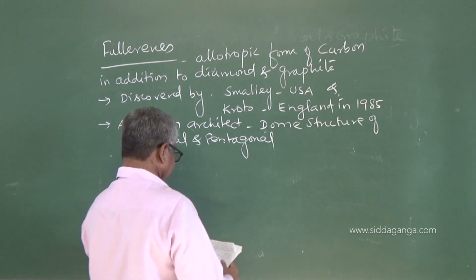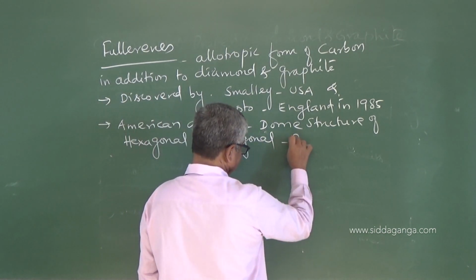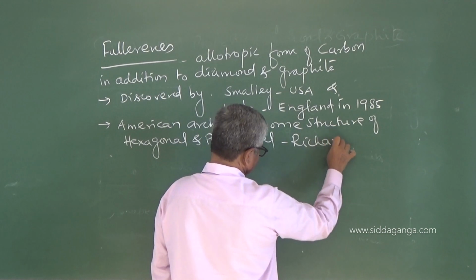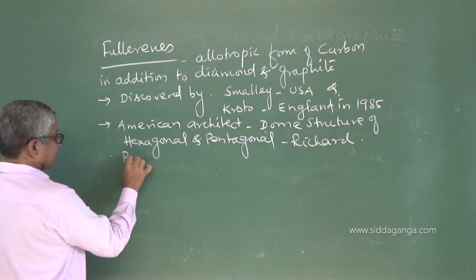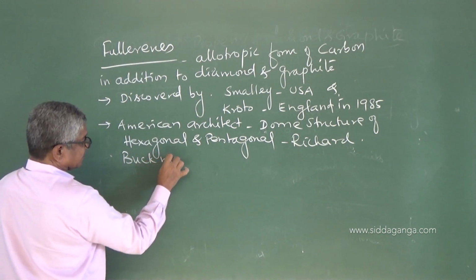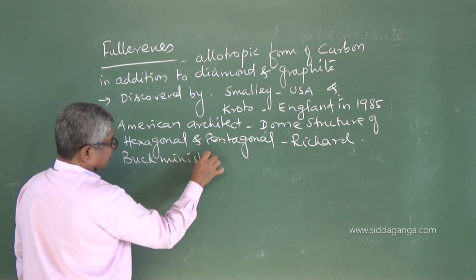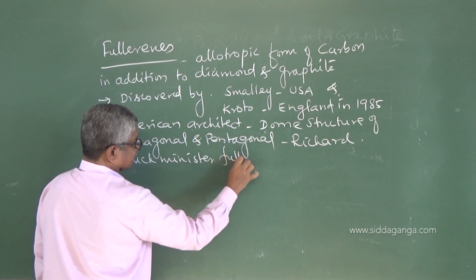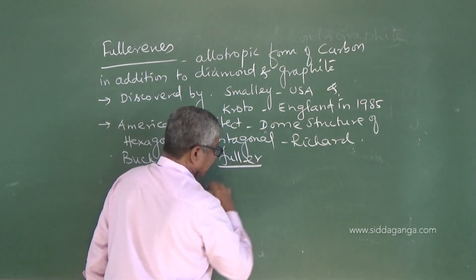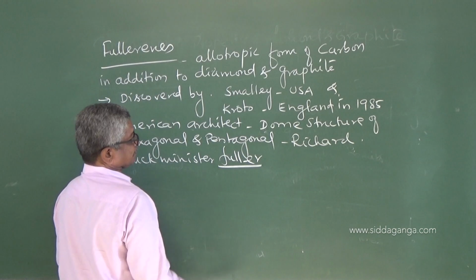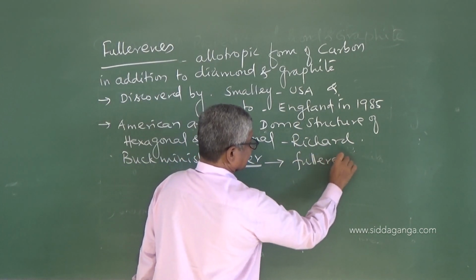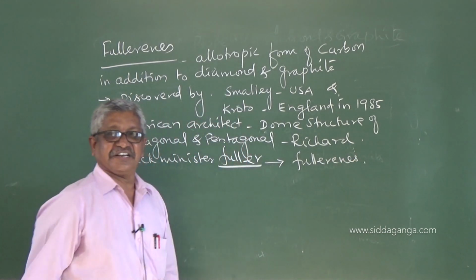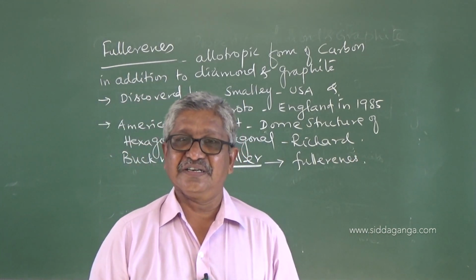His name is Richard Buckminster Fuller. On his name, it is named as fullerenes.